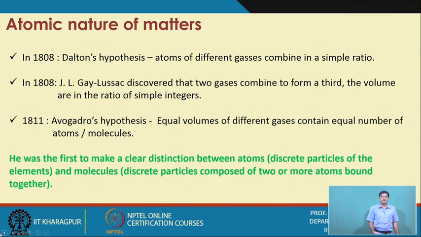Gay-Lussac discovered that two gases combine to form a third one. The volumes are in the ratio of simple integers. In Dalton's hypothesis, the chemical combination was told in terms of number, or atomic weight.